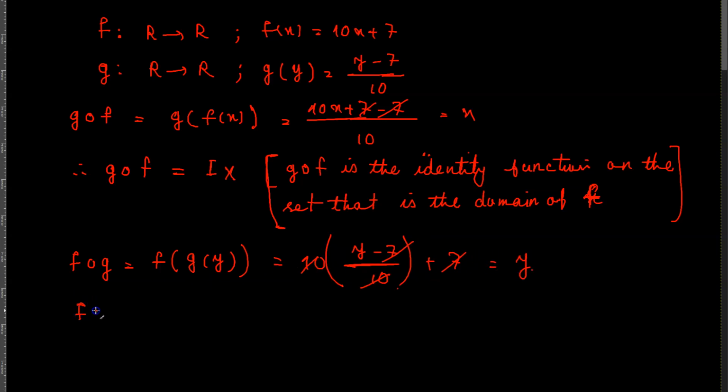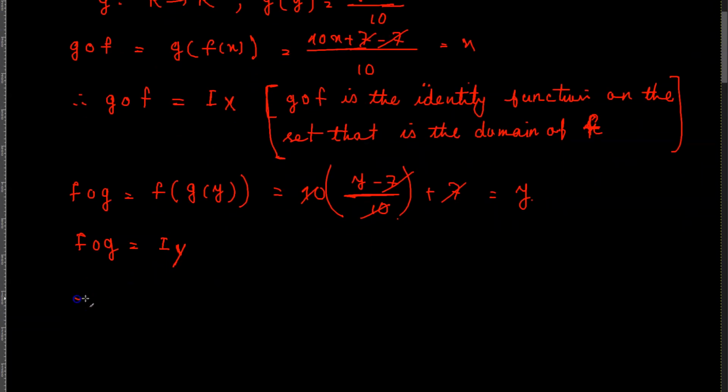That means that f o g is the identity function on the codomain of f, right? And what that means is that g is the inverse of f.